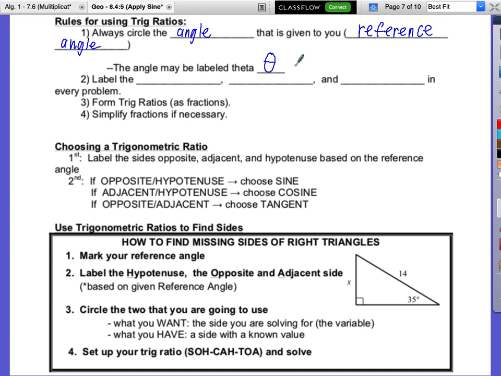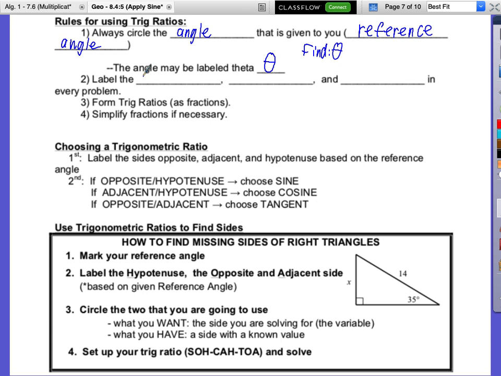We don't use theta for a side length, but we use it for angle measures. So sometimes it might just say find theta instead of find x. It's the same thing, but we're finding an angle measure.